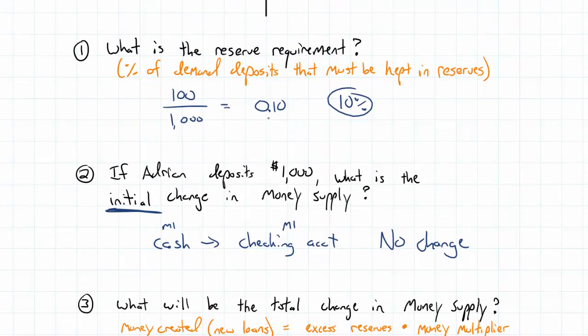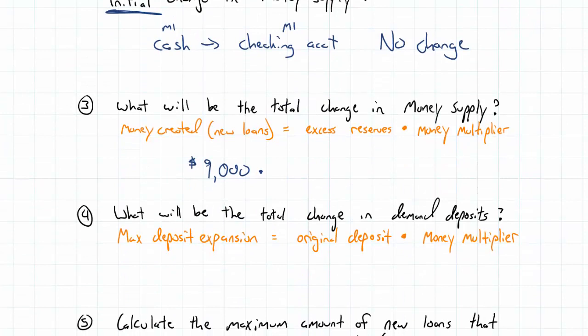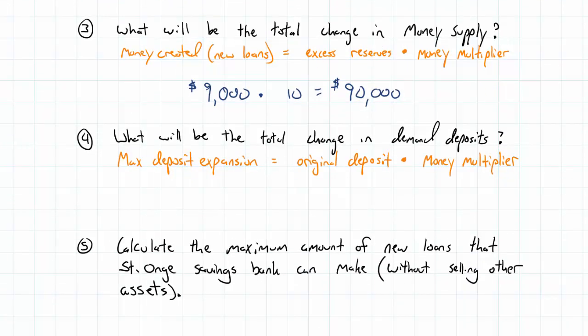My money multiplier is going to be 1 over the required reserve ratio, which in this case is going to be 1 over 0.10, and that will equal 10. So my money multiplier is going to be 10. So 9,000 times 10 is going to get me $90,000. So the change in money supply from this deposit will be $90,000.